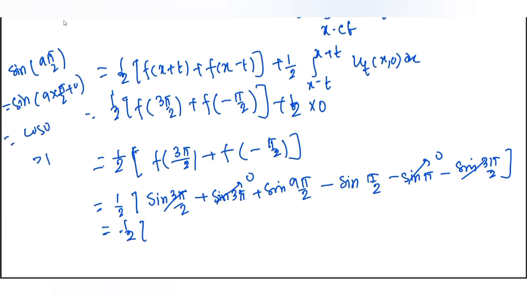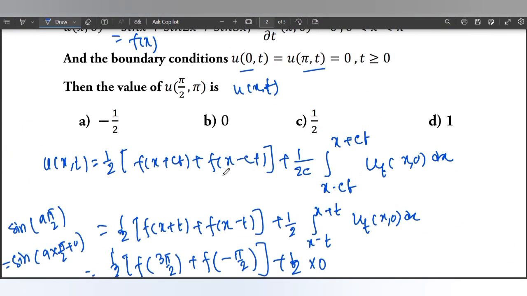So cos 0 implies 1. So half of 1 minus 1 equal to 0. So option B is the right answer.